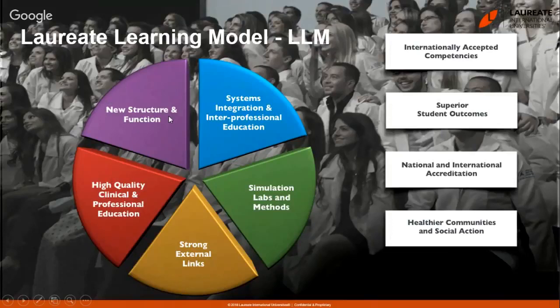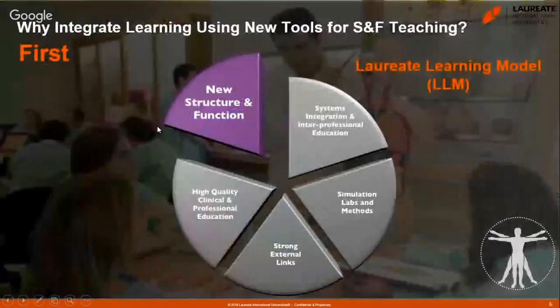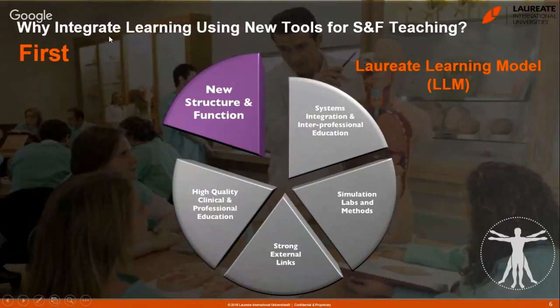Our knowledge block here is the new structure and function, and it's a very important part of this model. So first we are going to discuss why integrate learning using new tools for structure and function teaching.